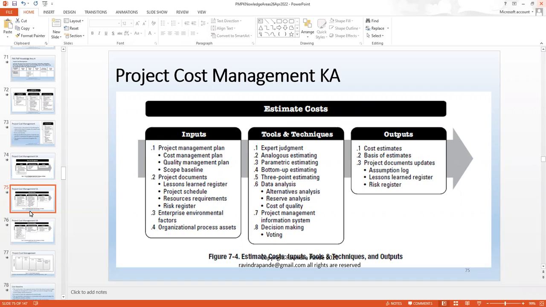We try to basically build a cost estimate, and these cost estimates are followed throughout our project. And these cost estimates are normally planned according to the S curve. We'll see what the S curve is and how this S curve is managed as well.